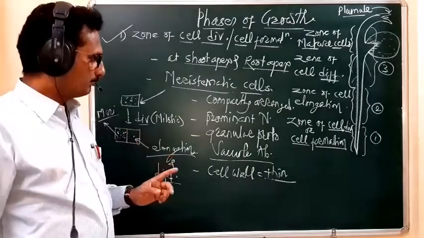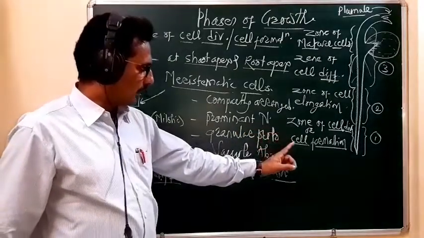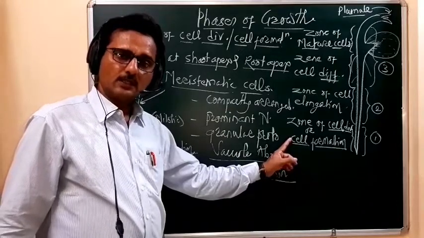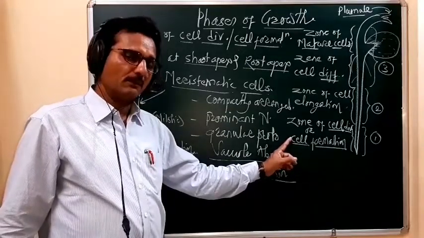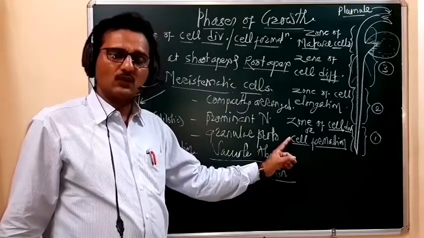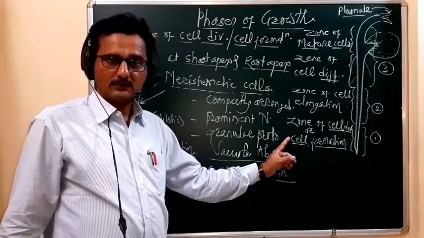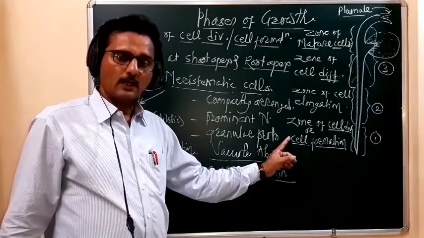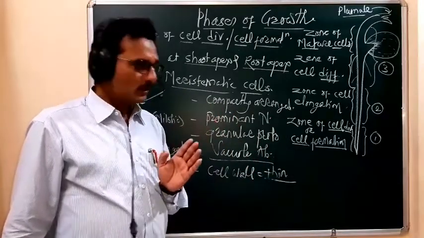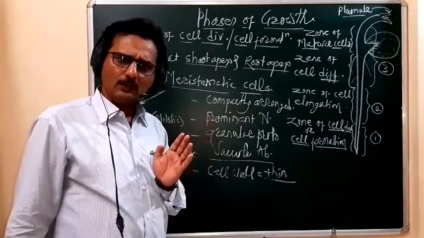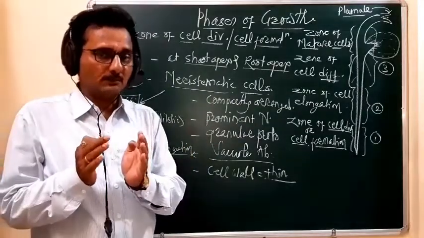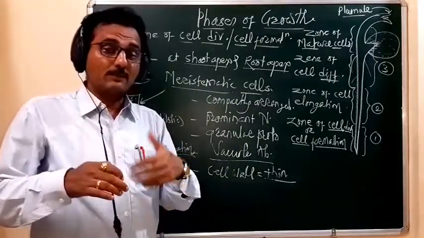So in the zone of cell division, growth is minimum but the time requirement is maximum. We will show this with the help of the graph of actual growth per unit time, to elaborate again how the growth is minimum but the time requirement is maximum.